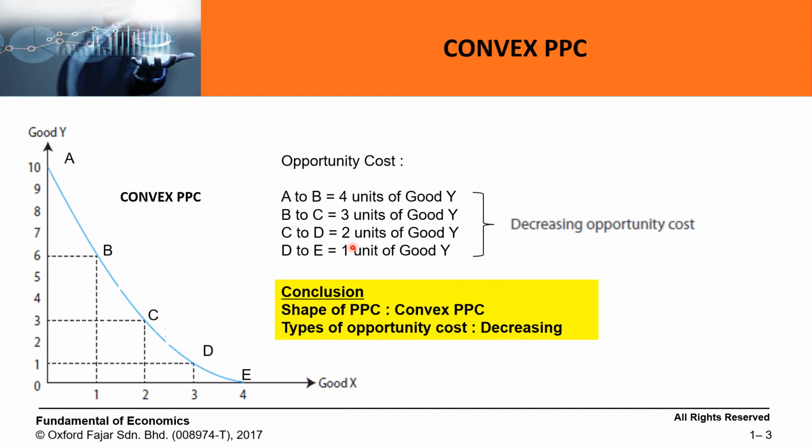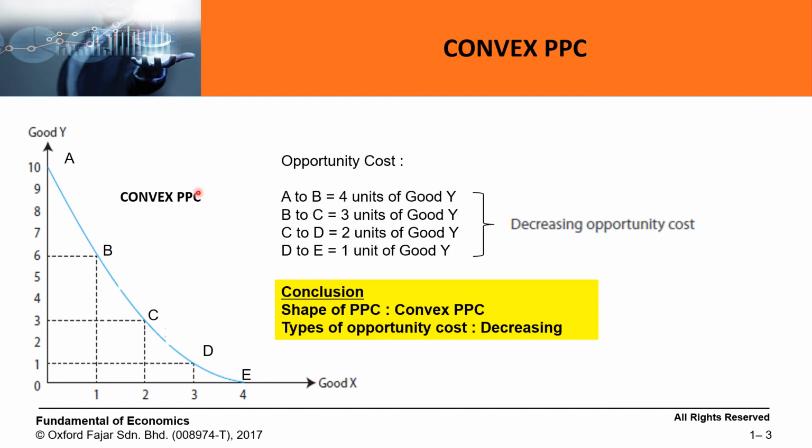So, apa yang kita boleh simpulkan? Okay, when our PPC is convex, the opportunity cost will be decreasing. So, bila kamu kira opportunity cost kamu tu decreasing, tapi bila nak lukis PPC tu tak dapat pun convex PPC, tapi kamu dapat concave PPC, sama ada pengiraan opportunity cost kamu itu salah ataupun cara kamu lukis graf itu salah.